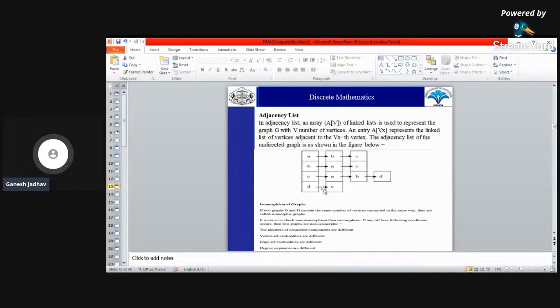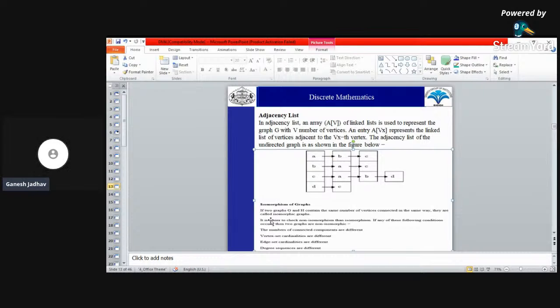Another topic, that is the isomorphism of graphs. So what is an isomorphic graph? If there are two graphs, G and H, that contain the same number of vertices connected in the same way.